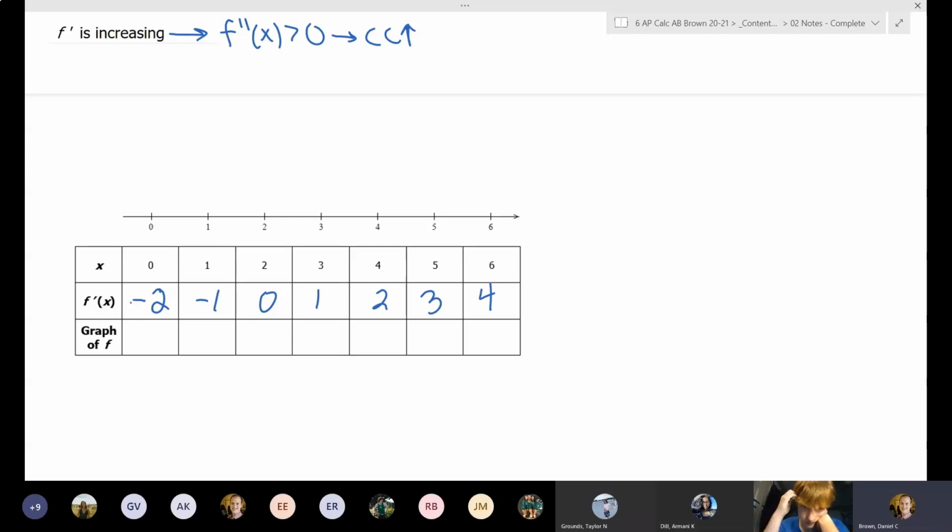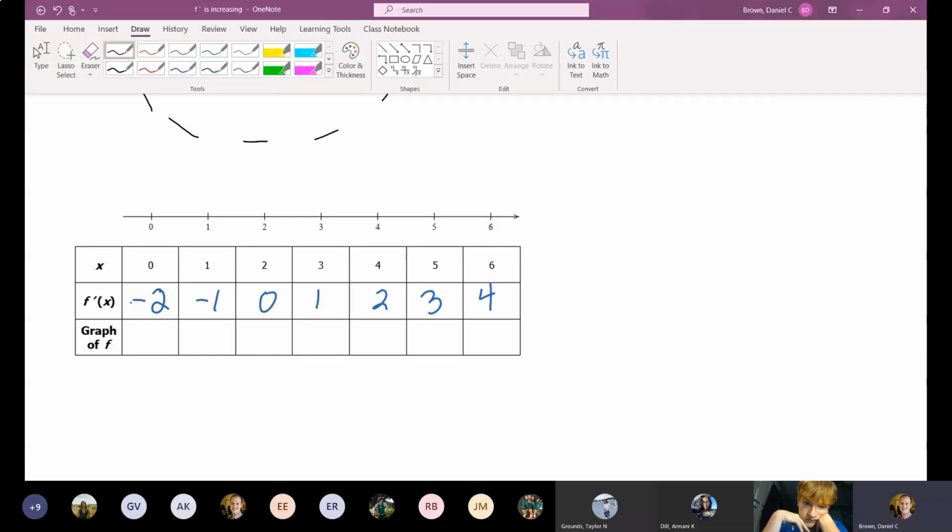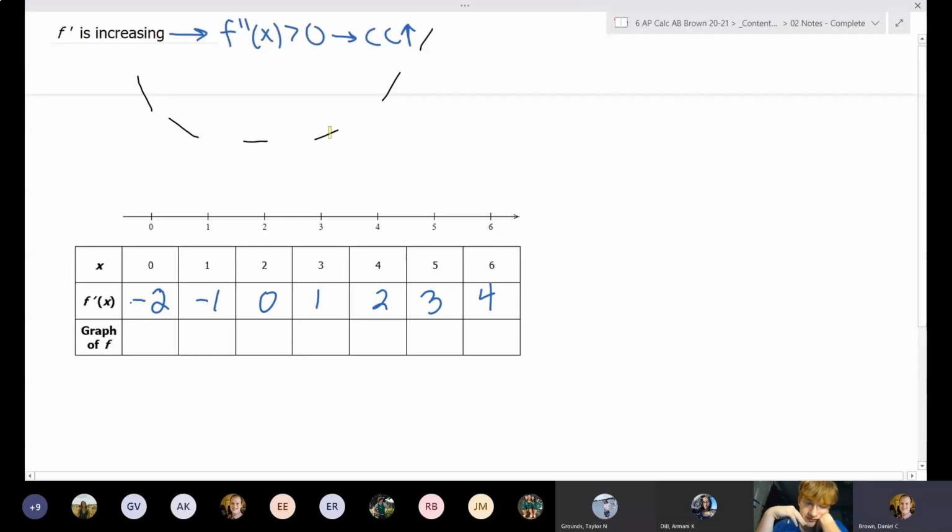So we start off with a steep negative slope, and then it changes from there. When I go to graph it, we have a slope of -2, a slope of -1, a slope of 0, a slope of 2, a slope of 3, a slope of 4. And you can see that as the slopes increase, the graph does end up having this concave up bend. So that's the theory about why it works.